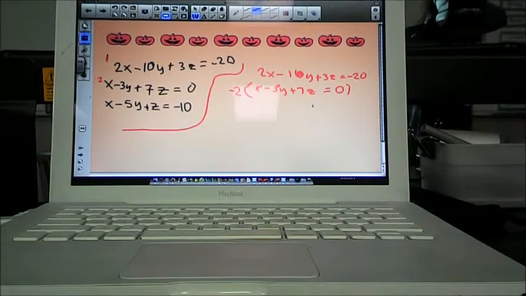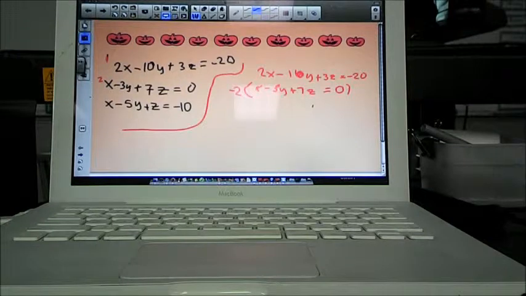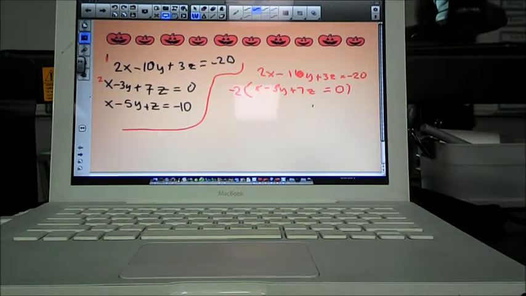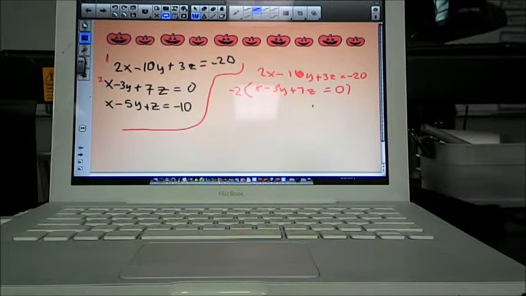Now we insert the second equation: x minus 3y plus 7z equals 0. Since we want the x's to cancel out, we must multiply the second equation by negative 2. So it's negative 2x, which cancels out with 2x. But remember, we have to apply negative 2 to everything in this equation.